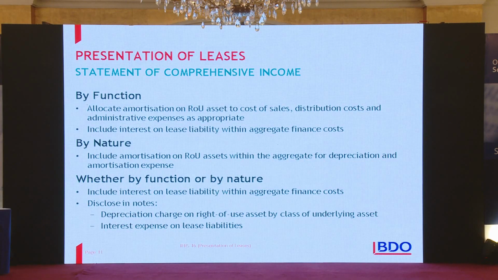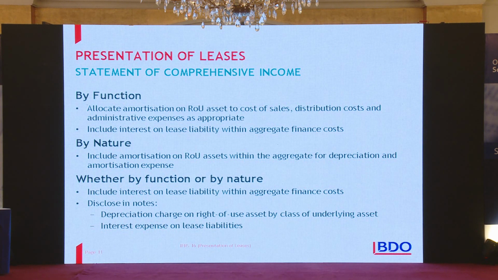By function means with respect to the relevant category of expense. And by nature means, for example, if it's to do with cost of sales or administrative expenses, or it's to do with selling and distribution. So by nature of the asset where it resides, or where it is used rather, the classification can be grouped in that category.